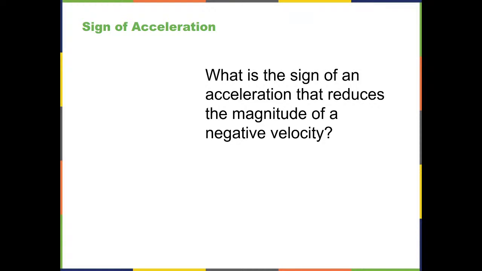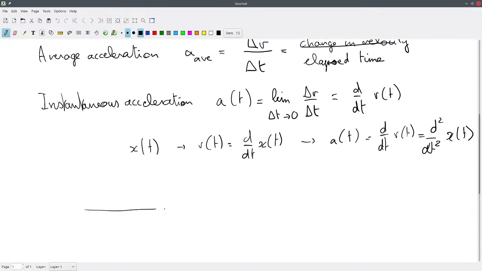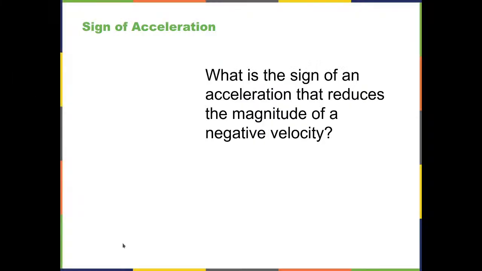Okay, so let's work through this. We have a velocity that is negative. So if we draw this out, this is our axis, or x-axis. We have a negative velocity. This is our initial velocity vi, and we want the magnitude to be reduced.